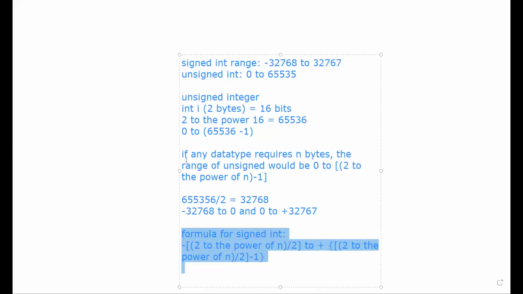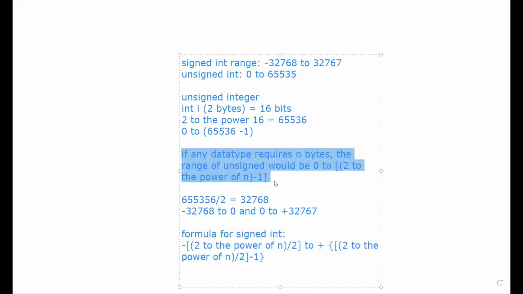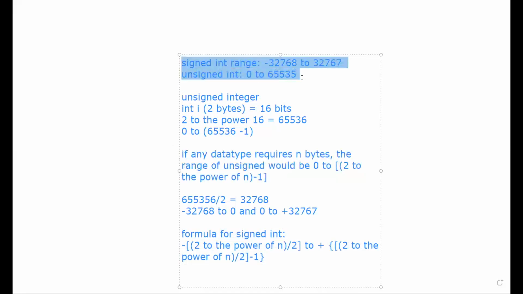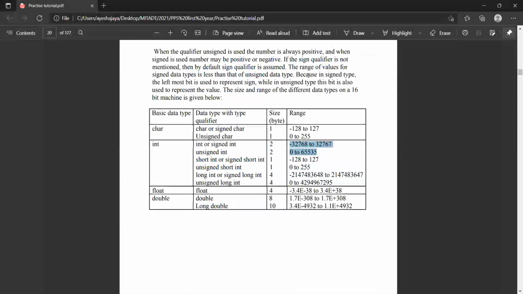So this is the formula for signed int, and this is how we calculated for the signed int and for unsigned int. Previously, we saw how to calculate for signed and unsigned integer. Here you get the entire list, and I want you to do the rest of the calculations as homework, so that you understand as a computer engineer why this range has come up.